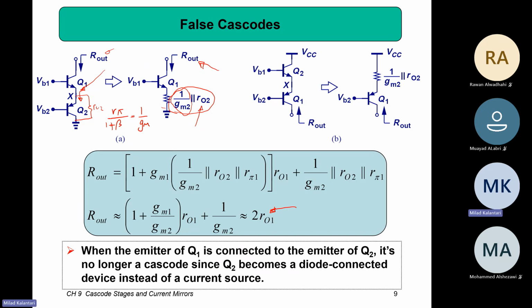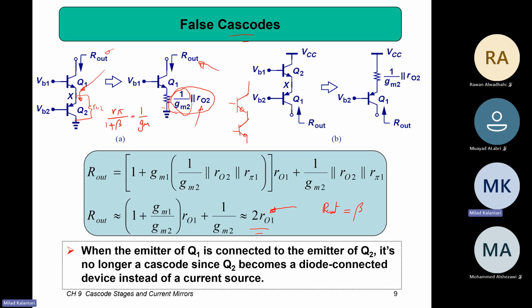But the other case we were trying initially was beta times of the R out. I mean, this is not a good connection for the cascode, because the R out is not that high. It is higher, but it's just 2RO1.